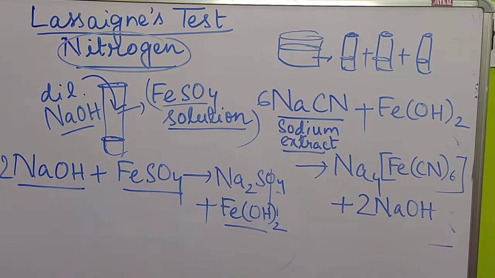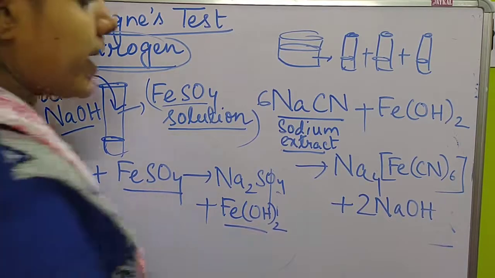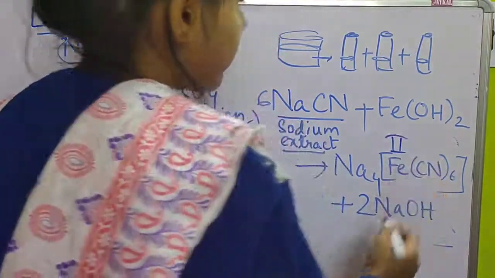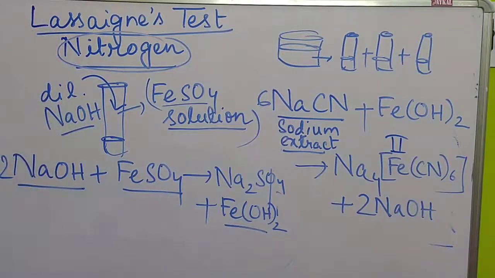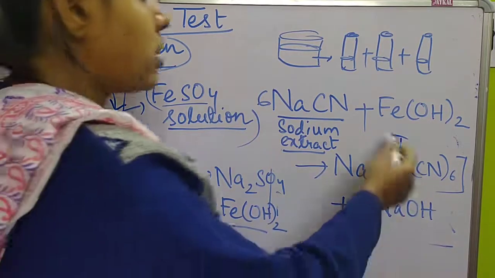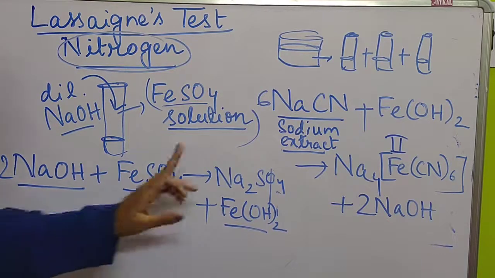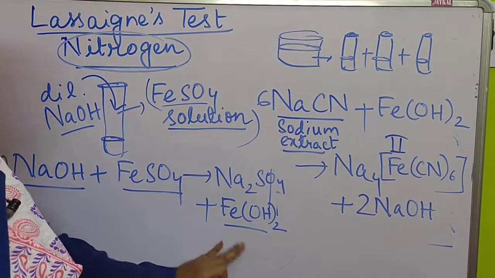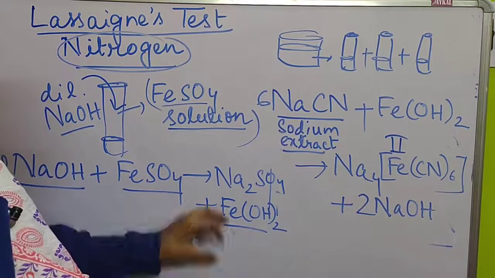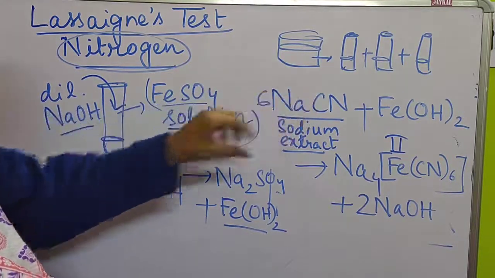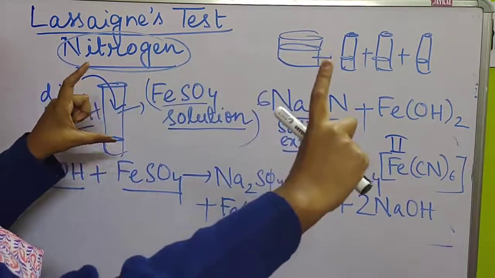Okay. Now what will happen? Here this iron is present in the 2 oxidation state. But now after heating this with concentrated H2SO4, after mixing this mixture with the sodium extract, we have taken 2 test tubes.